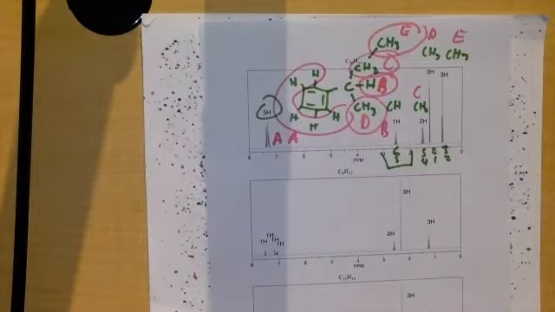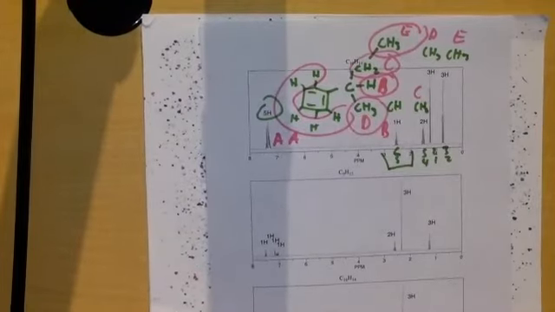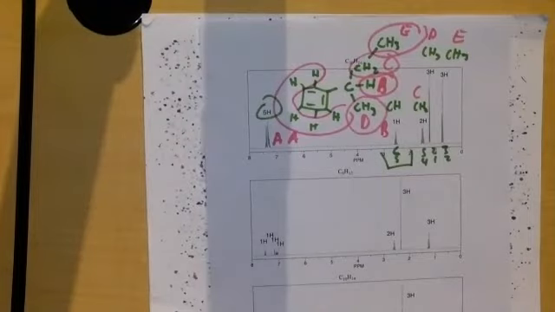So the ones with 5 H's should be pretty straightforward. When you have 4 H's, it starts to get more complicated. So I'm going to put this down for a second and talk through some different possibilities. There are 3 different things you can have when you have 4H.